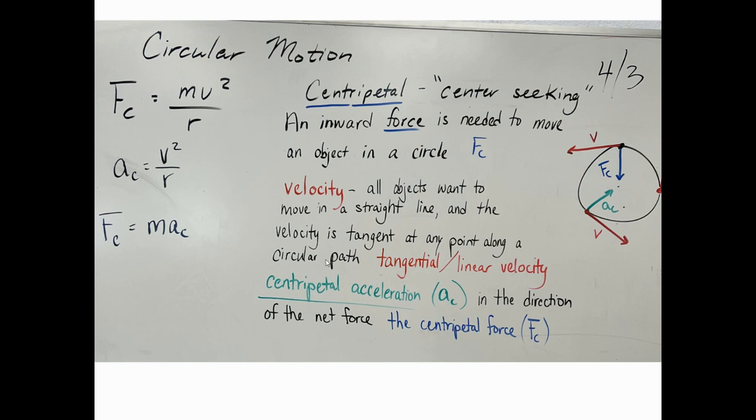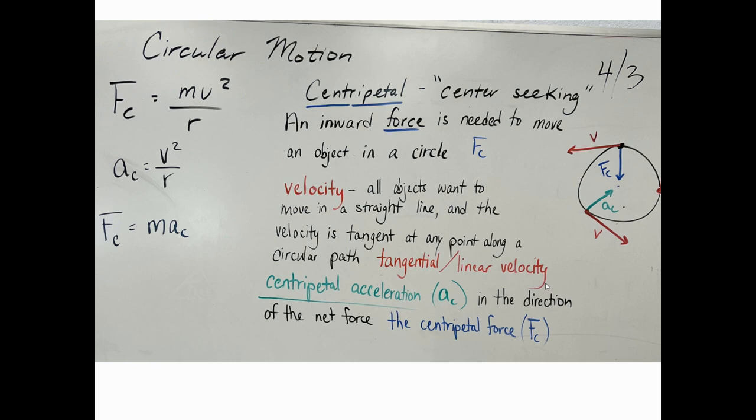We call it tangential or linear velocity. That is what v stands for here. Now, there are other equations to find that. We'll look at those briefly. And then centripetal acceleration is also going to be in the direction of the net force, which in this case is the centripetal force, Fc.